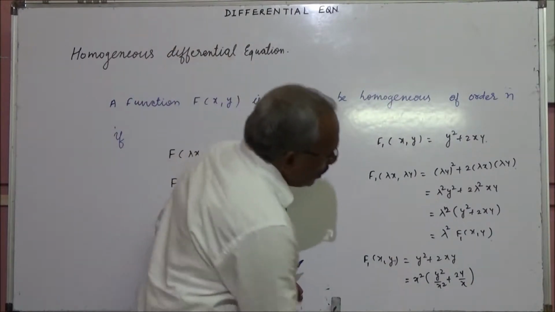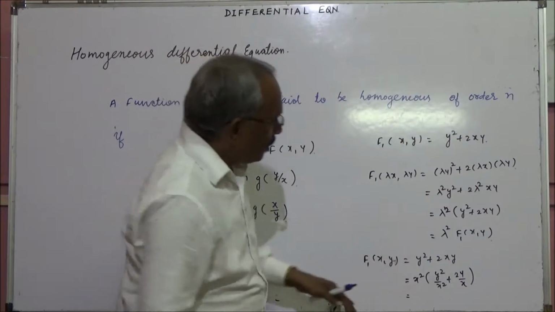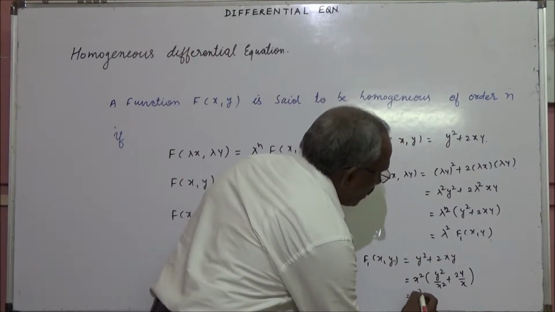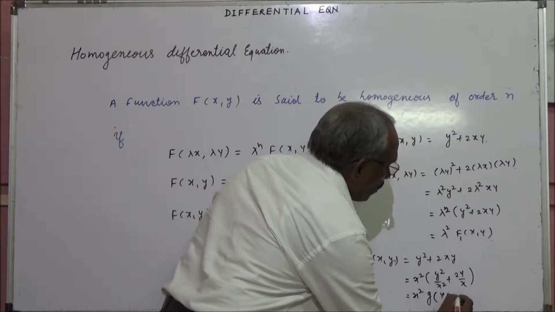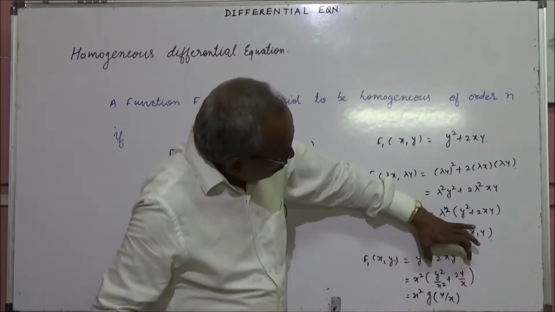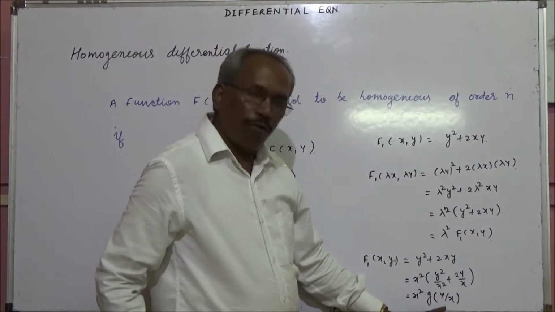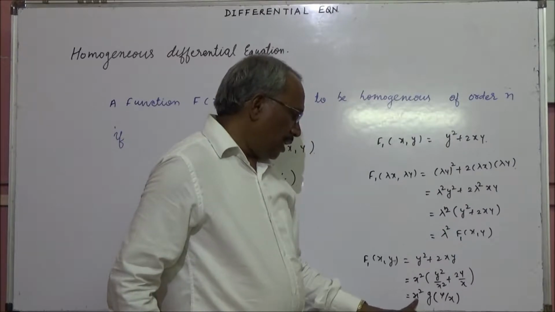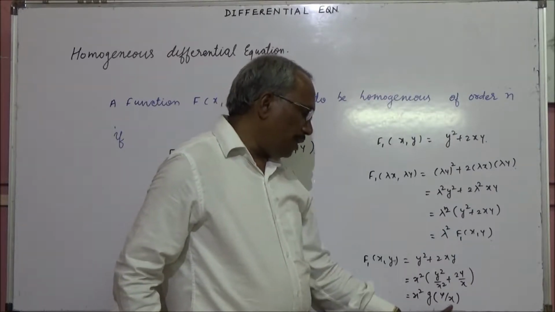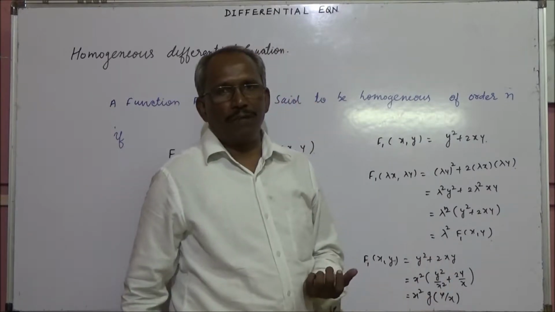So therefore this is equal to x square into g(y/x). ये जो ब्रैकेट के इनसाइड में जो फंक्शन है इसका वेरिएबल y बाई x है. So this function can be written as x square into g(y/x). Therefore, this function is a homogeneous function.